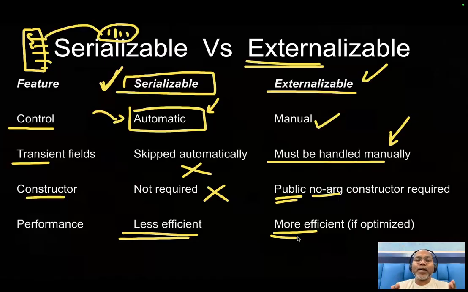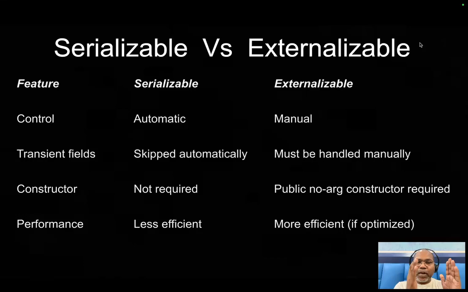If your class has 100 fields and you don't want to serialize all of them, it is better to go with the externalizable interface. Here you have full control. Let's say you want only three fields, you serialize and deserialize just those three. Okay, so this is just a summary between the serializable interface and externalizable interface.